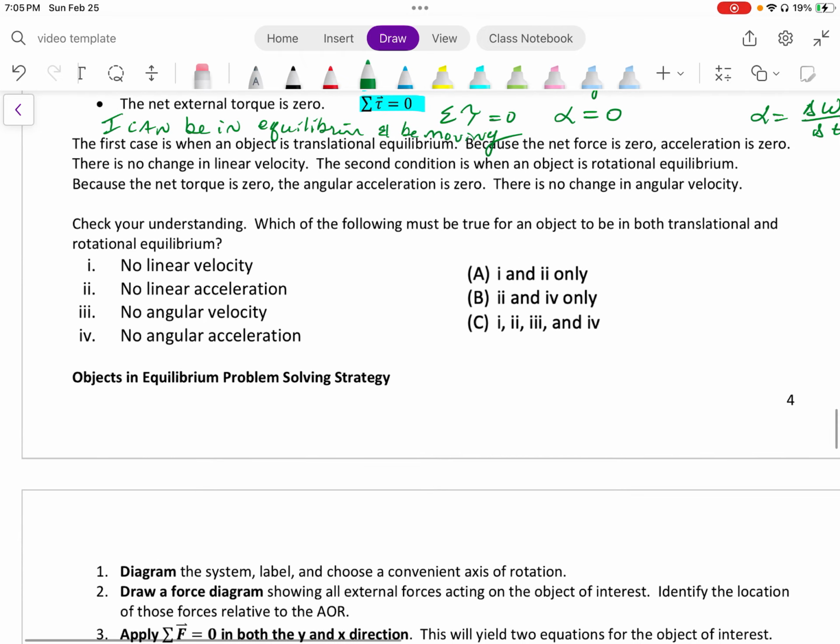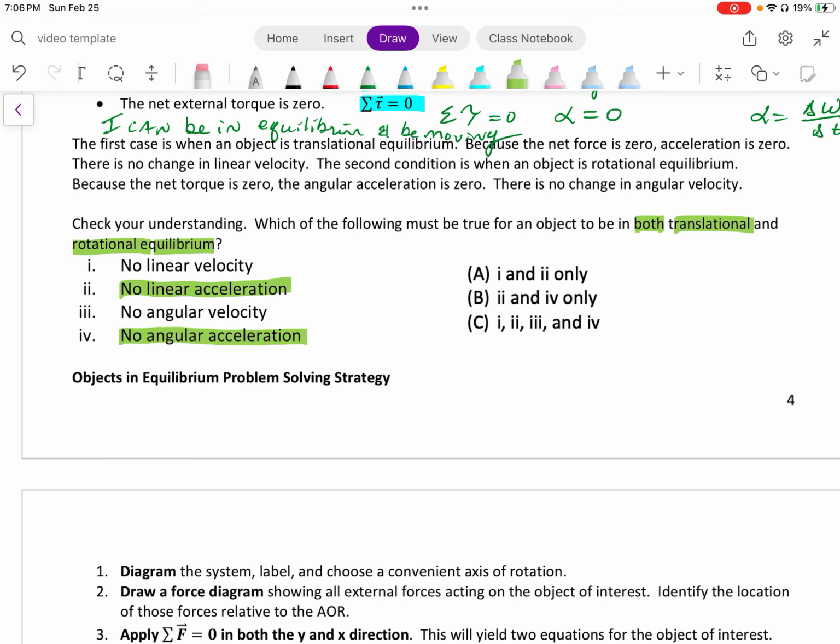So, if I were to give you this multiple choice question, this is a way to check whether or not you understand what all that means. Which of the following must be true for an object to be in both translational, linear in other words, and rotational equilibrium? Well, hopefully you see no linear acceleration, no angular acceleration. Those two must be true.